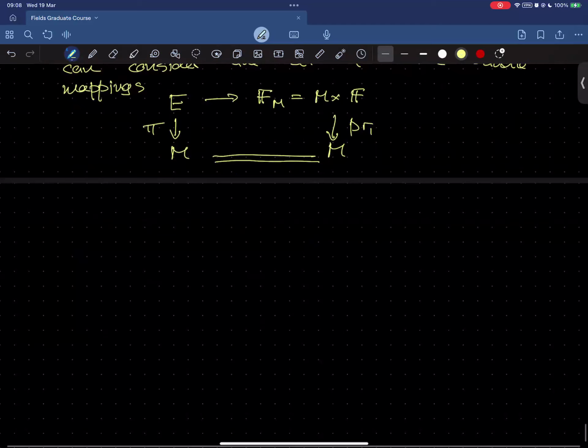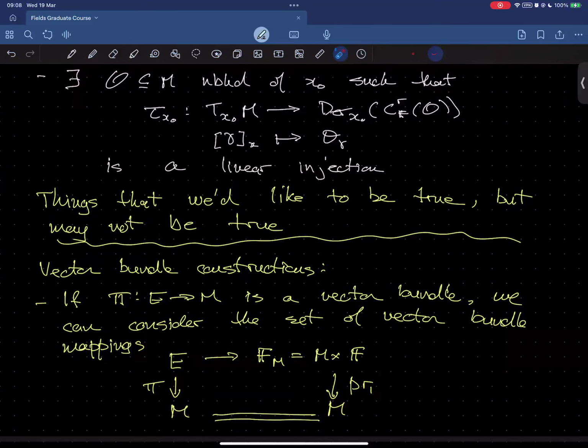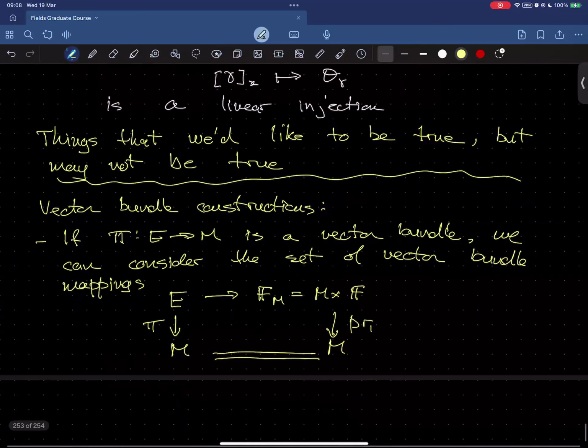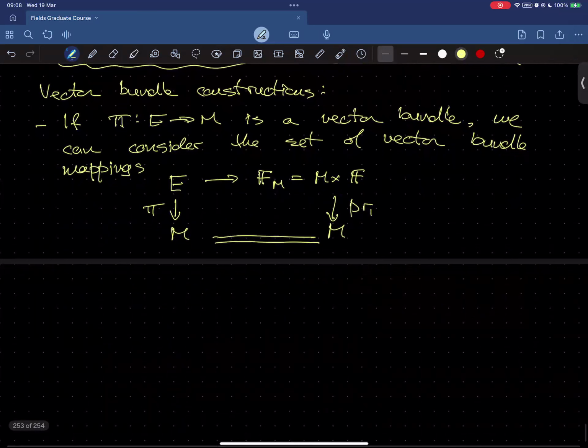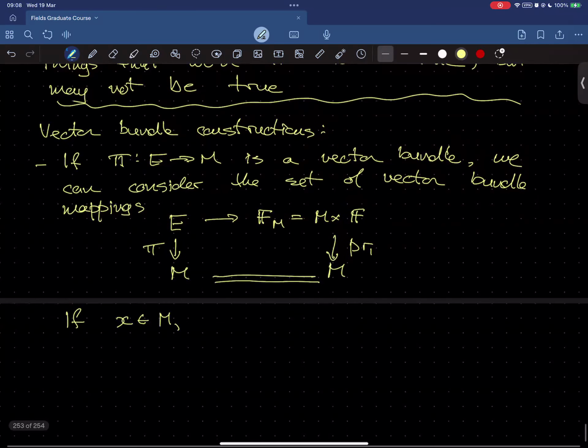And so we can certainly do this. We have the set of vector bundle mappings from E into the trivial bundle. Okay, so if x is in M, let's suppose I have a vector bundle mapping here, and let me call it lambda.